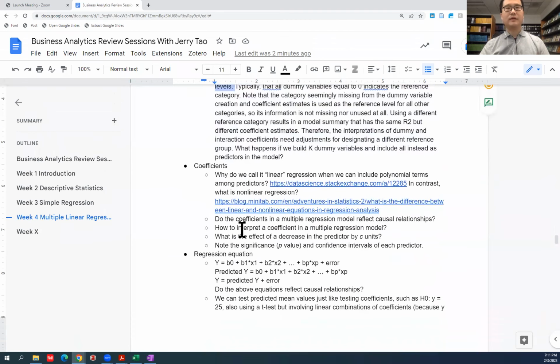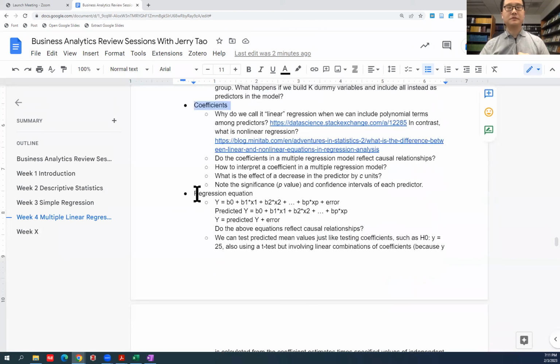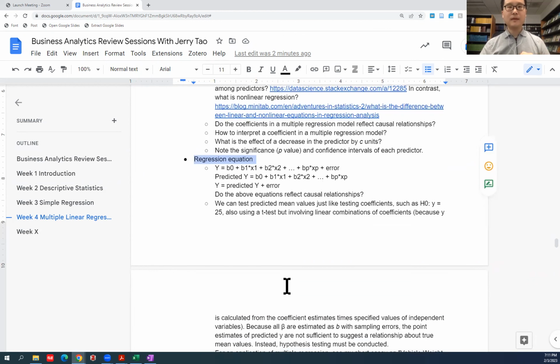After that, we also need to pay attention to how to interpret coefficients in multiple linear regression models. A very good way to do so is to refer to the regression equation. It's nothing additional, but we need to add a few more predictors just based on the simple linear regression model equation we practiced last week.